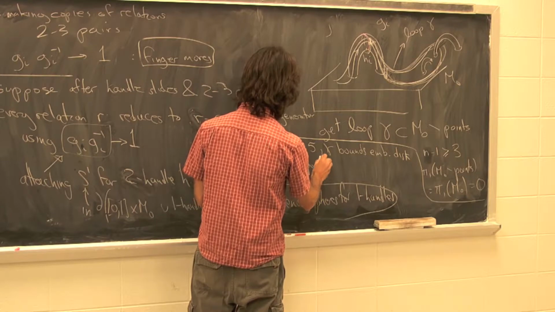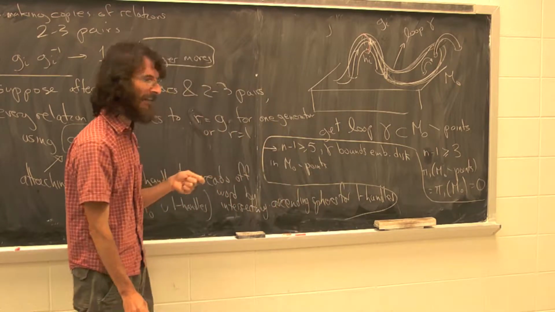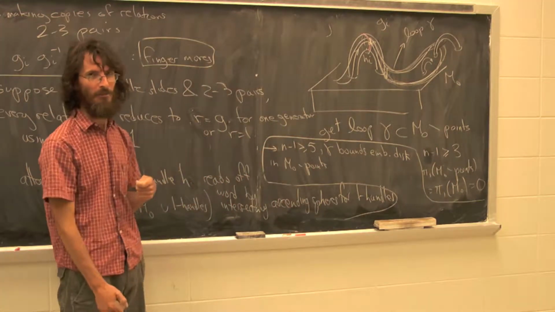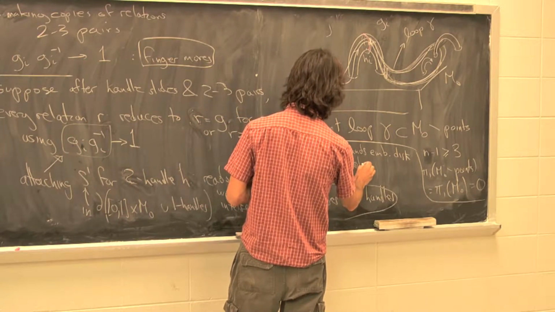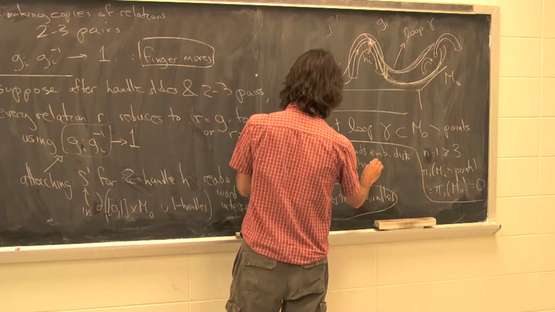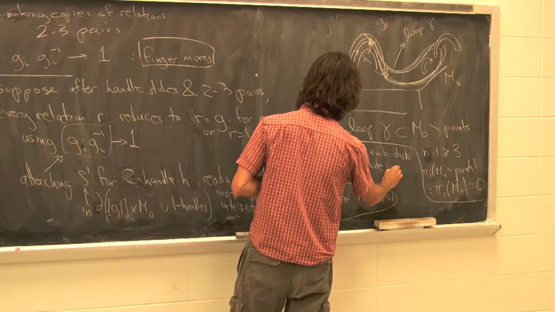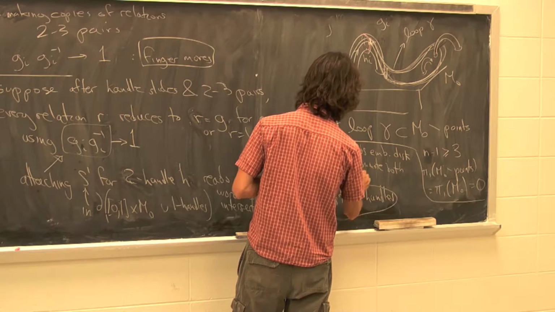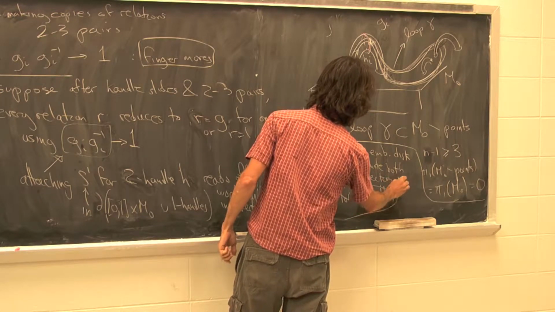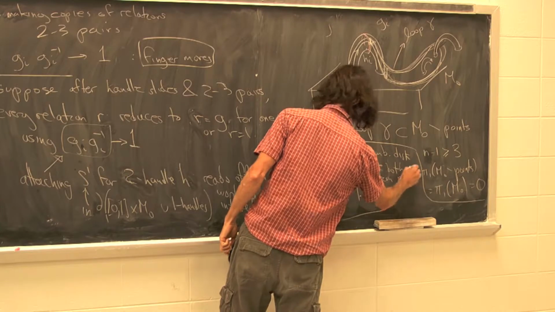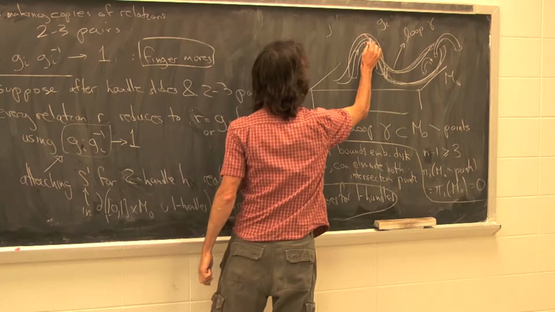I'll explain that a little more carefully, but if you buy that, then you can do the finger move. You can pull, and therefore eliminate both intersection points. You want to eliminate this one.